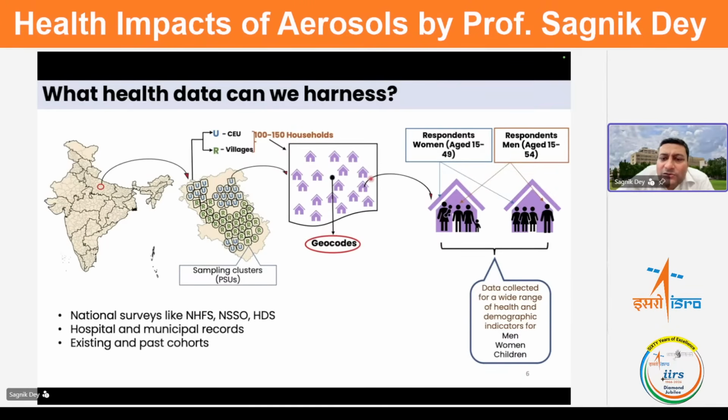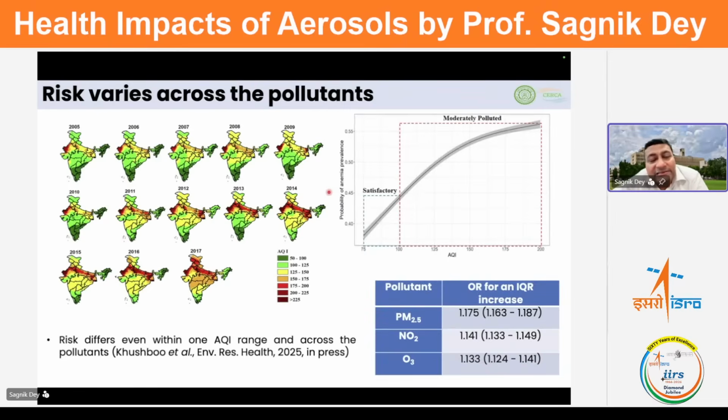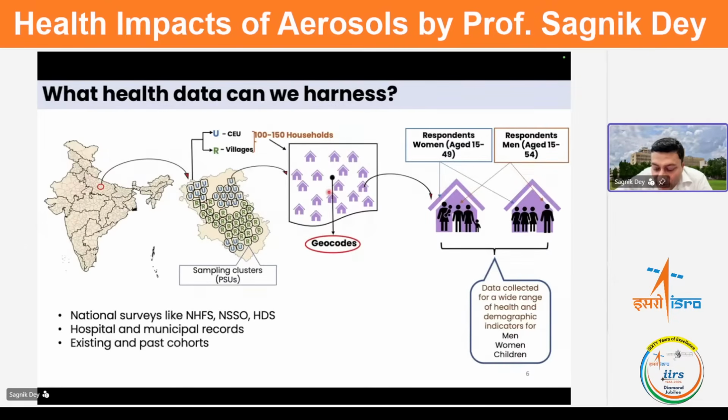Now, because you know the location of the household where the survey is conducted and health information is available, you can assign environmental exposure very precisely based on the gridded data that I explained earlier. And then you can do the analysis. I'm showing one example.